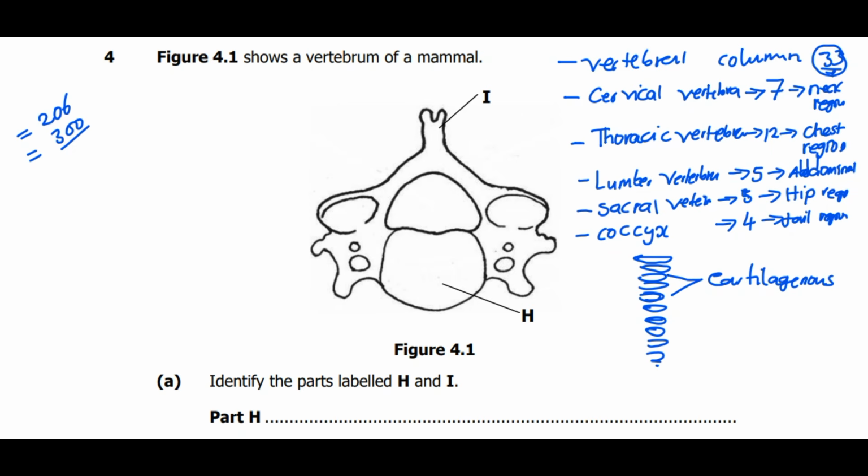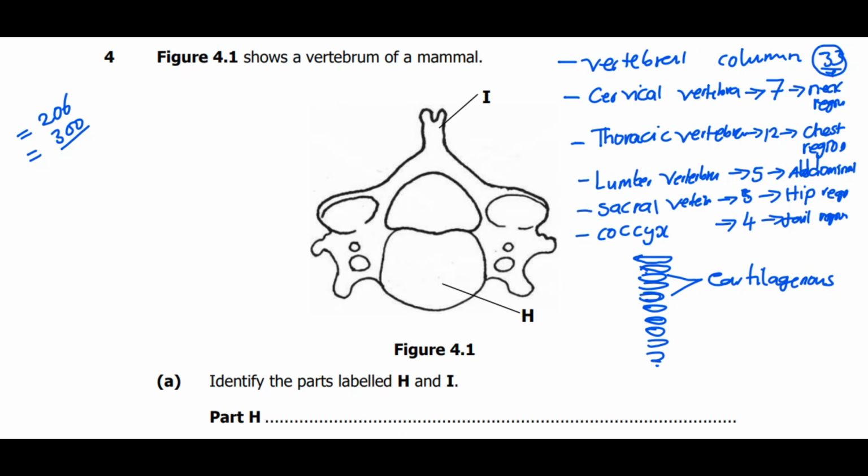Remember, there are 3 types of joints in biology. There is the synovial joint, which allows free movement. Then cartilaginous, from the word cartilage, which allows a slight movement. Then we have the sutures, which do not allow any movement.